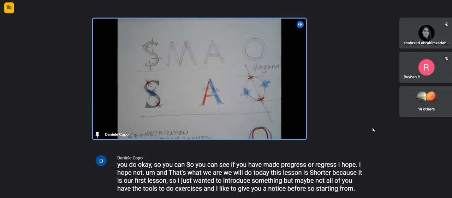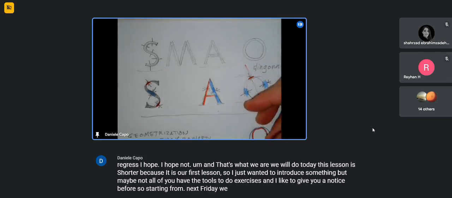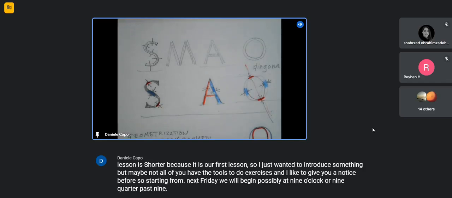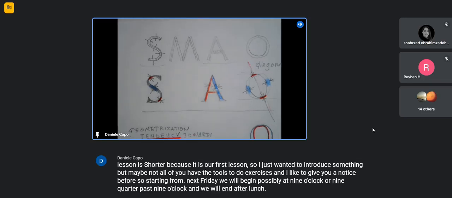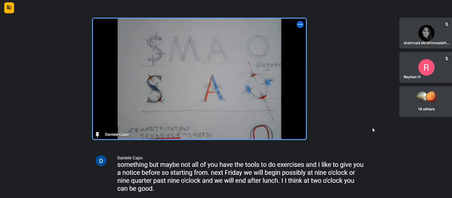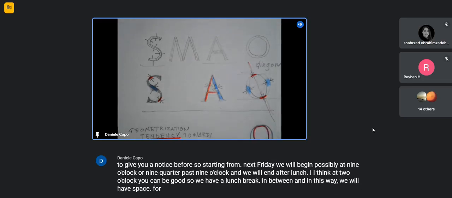Starting from next Friday, we will begin possibly at 9 o'clock or 9:15, and we will end after lunch. I think at 2 o'clock it can be good. So we have a lunch break in between. And in this way, we will have space for drawing and making exercises.